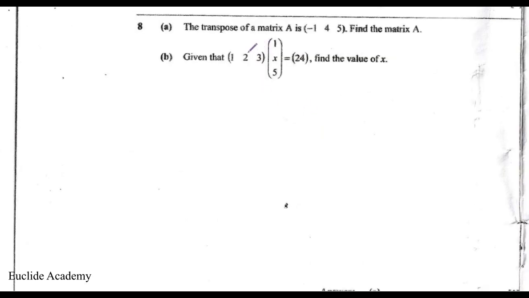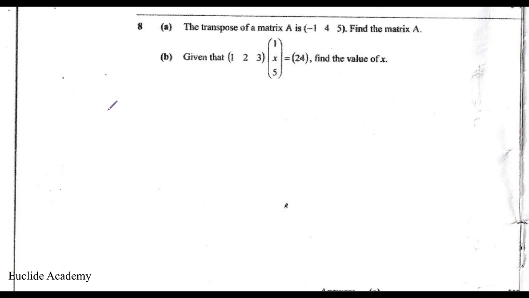Alright, so the transpose of a matrix is the matrix where the rows of the given matrix change into the columns.